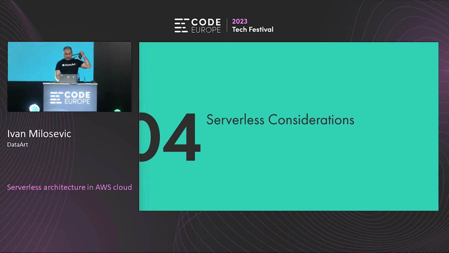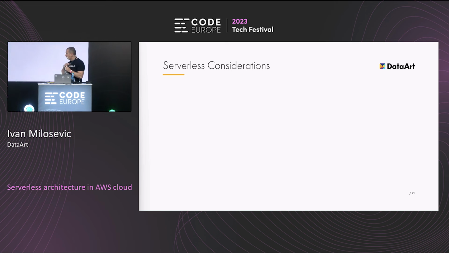Considerations, my favorite part. One thing doesn't solve all of the problems, and yes, there are some considerations to be taken into account. Costs, of course, because with serverless you are paying, for example in Lambda, for how often you are calling Lambda and for the processing time.